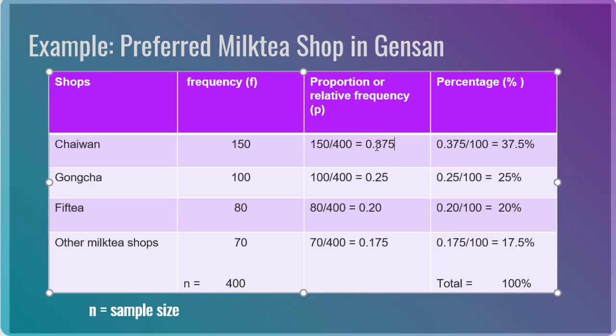We simply transform the proportion. In this example, our proportion is 0.375. We transform it to percentage by multiplying it by 100. Then we get 37.5%. So this means 37.5% of the entire sample chose Chai 1 as their preferred milk tea shop.